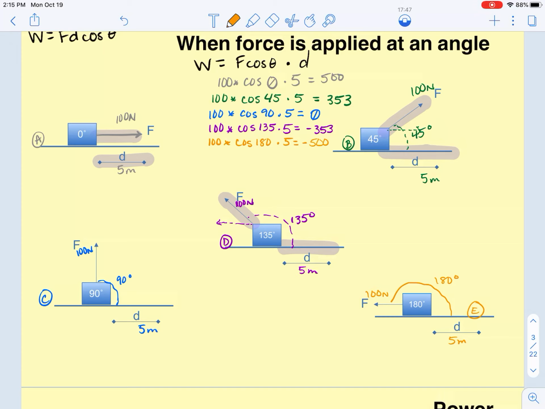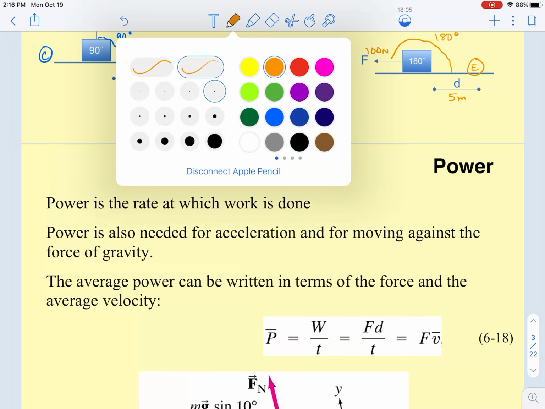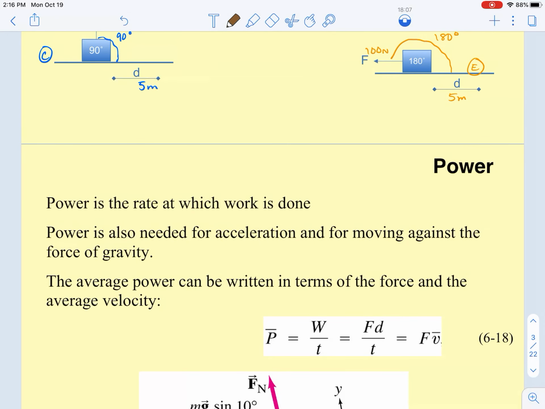It's both a displacement of 5 meters, but because it's in the negative direction, or the angle is 180 degrees, it comes out to be a negative value. But all of the force is being used to perform work. It's just negative work.